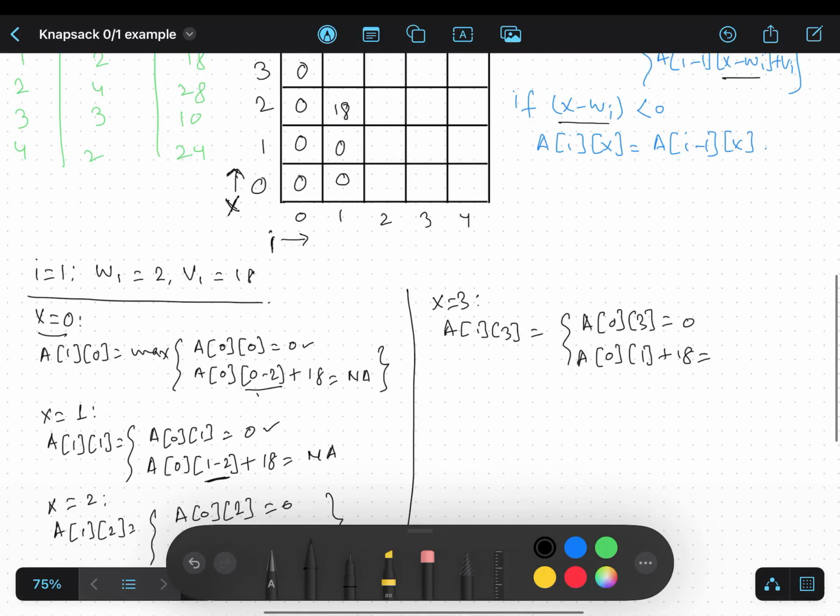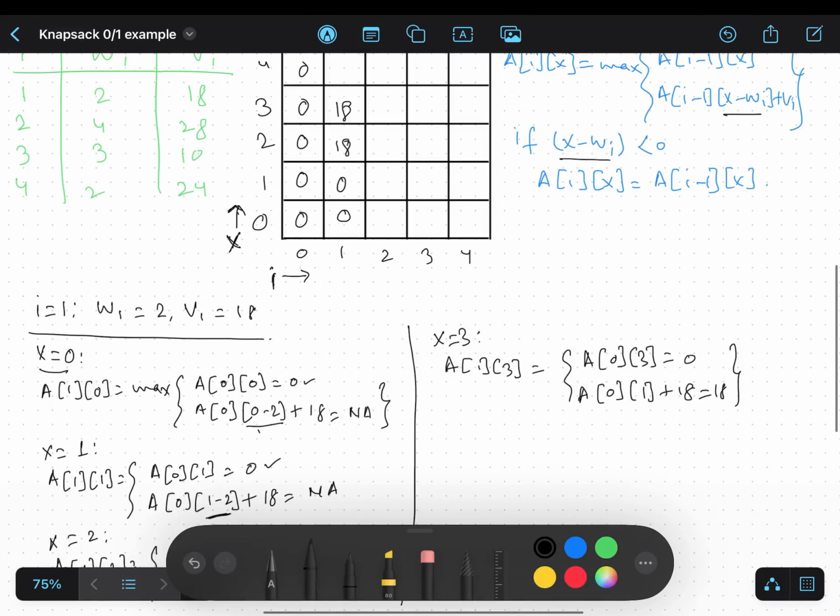A(0, 1) is 0, 0 plus 18 is 18, and we are going to get an 18 for A(1, 3).